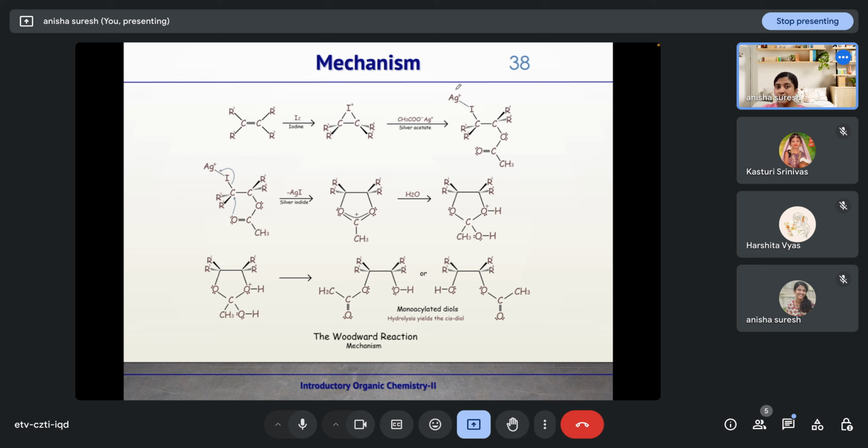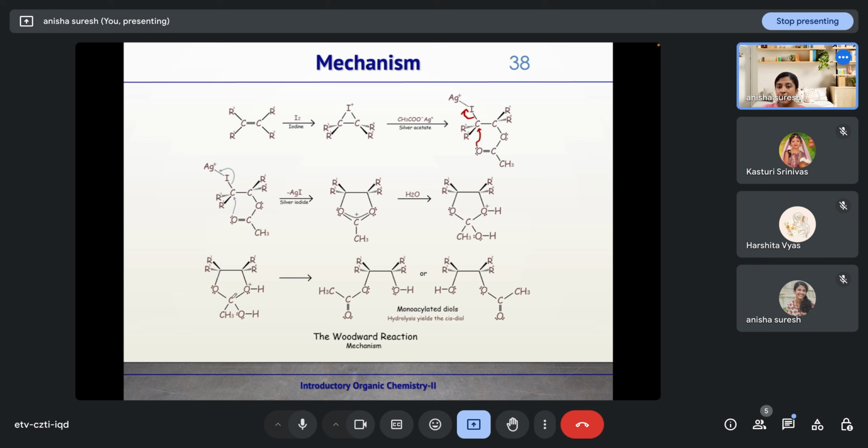Now again AgI formation will be more feasible as silver has affinity towards halogens. Then this oxygen lone pair can attack in an SN2 fashion, AgI will get removed and we will get this intermediate. Now what will happen? Water will add on to this carbon, and it will lead to formation of this orthoester sort of system.